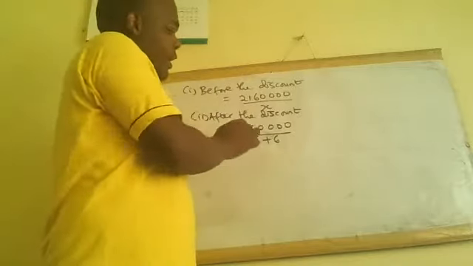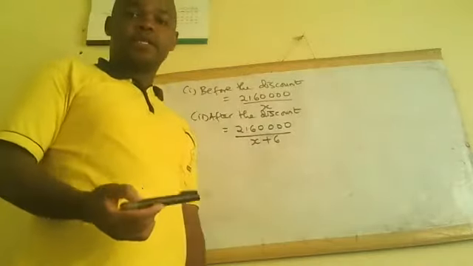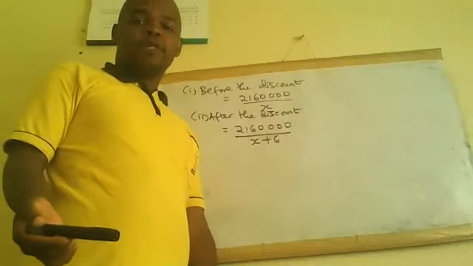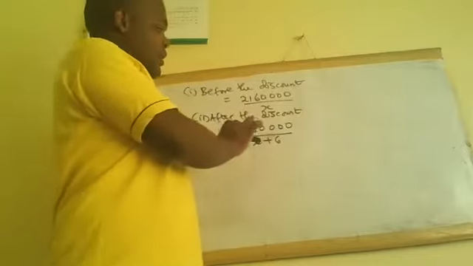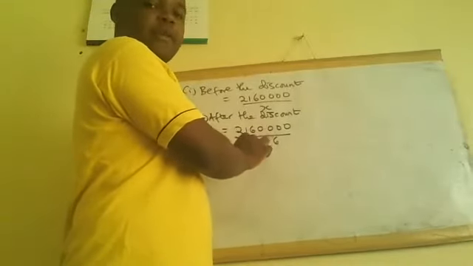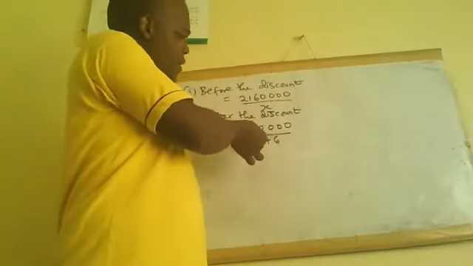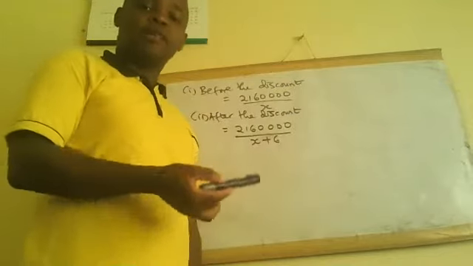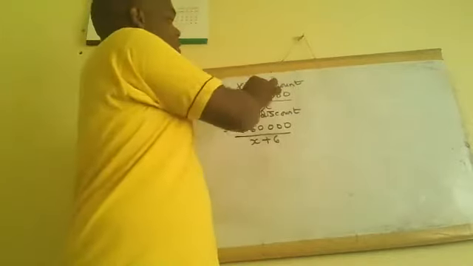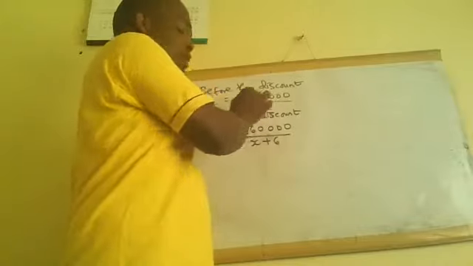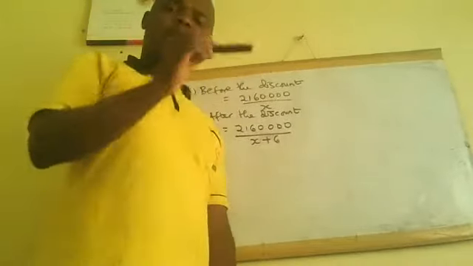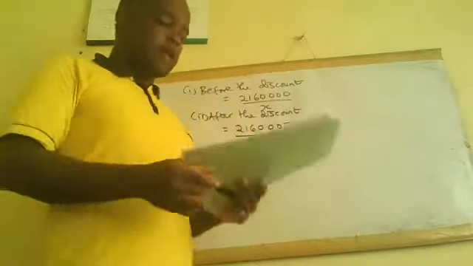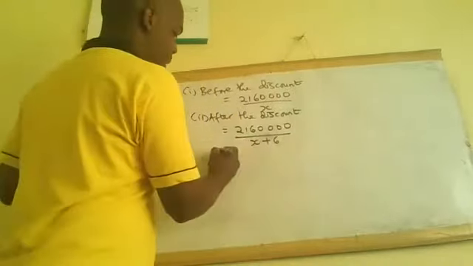Remember x is a positive number, so you are sure that x plus 6 is greater. And if you divide a number by a bigger number, you get a smaller number. So it means 2,160,000 over x is greater than that.